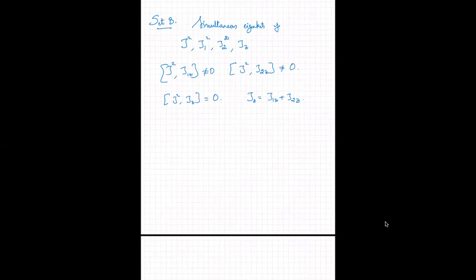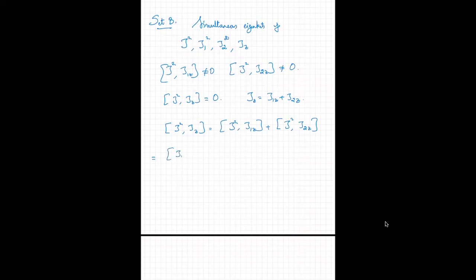So how do I show that this is true? Well, let's write this down. So the commutator of J square with Jz equals the commutator of J square with J1z plus the commutator of J square with J2z. Okay. Now J square can again be written as J1 square plus J2 square plus 2 J1 dot J2.